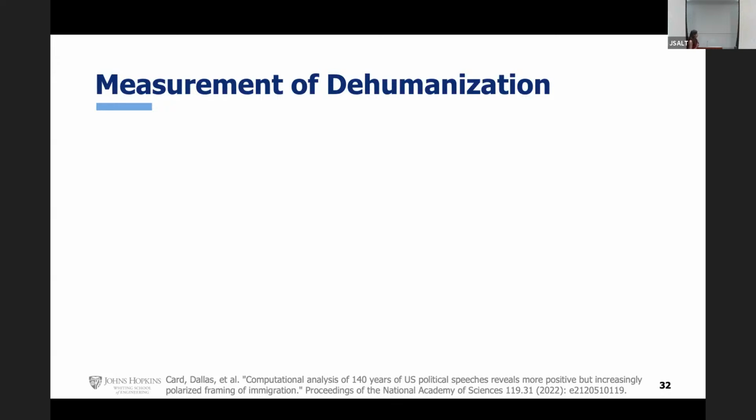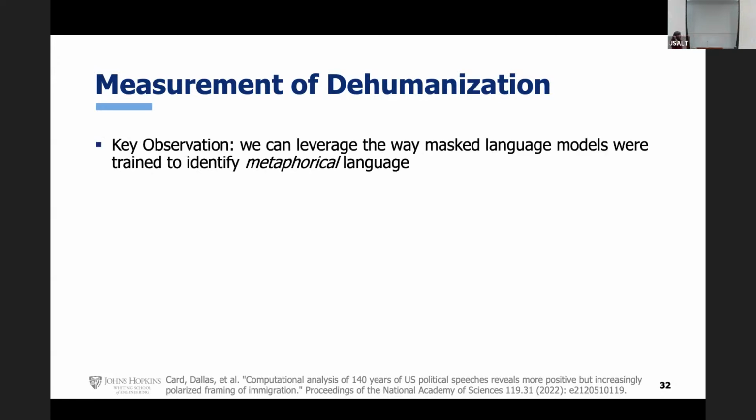When we think about these analysis-driven goals and how we can leverage these models in creative ways, there was a nice paper that came out about two years ago that had a key observation: the way that we train these masked models actually allows us to identify metaphorical language in text.